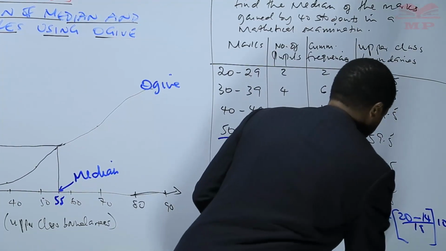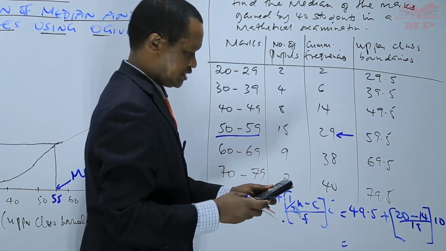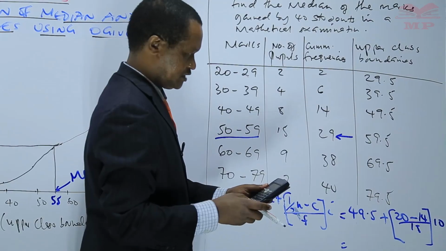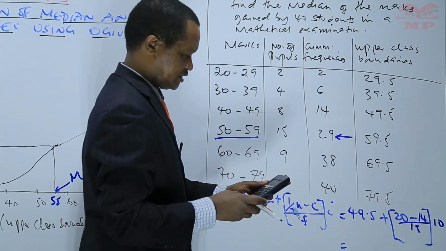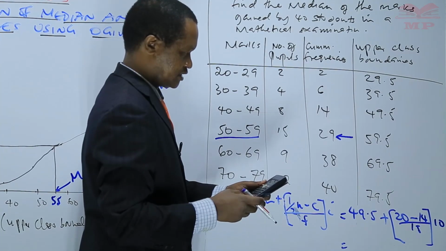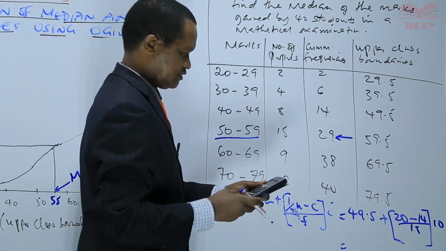So let's find the median. That will be 20 minus 14, divided by 15, times 10, plus 49.5.